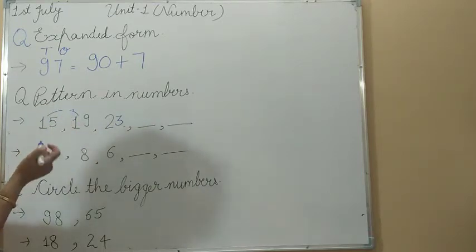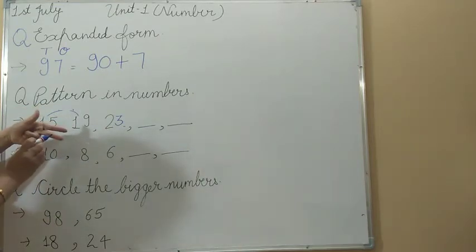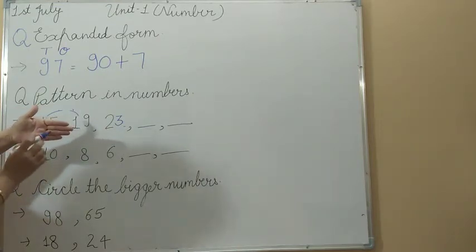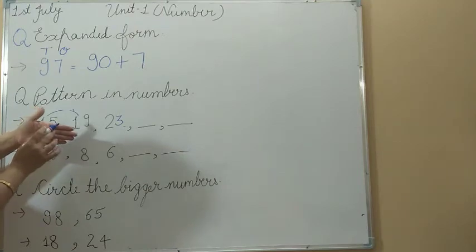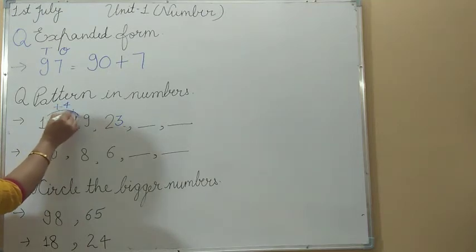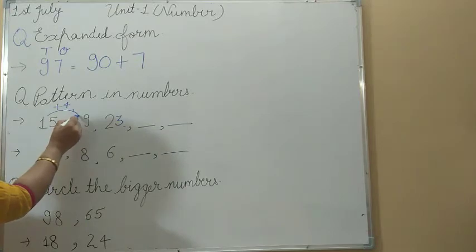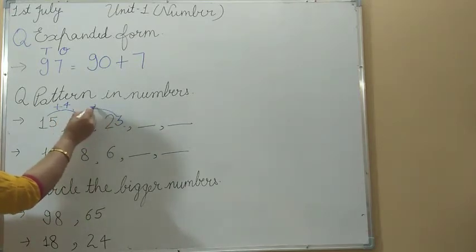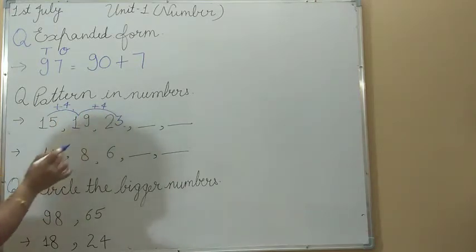From 15, count 16, 17, 18, 19. So 4 more are added here. So we will write 4 here. 15 plus 4 is 19. Again, 19 plus 4 is 23.